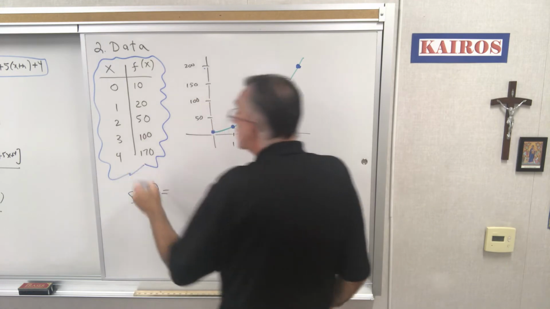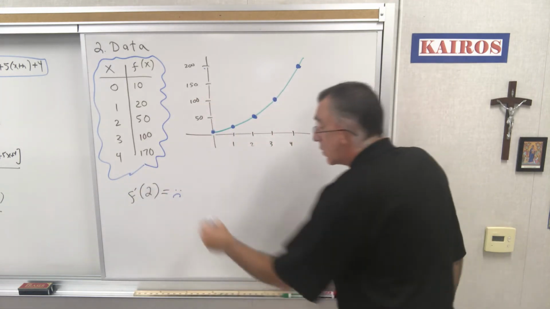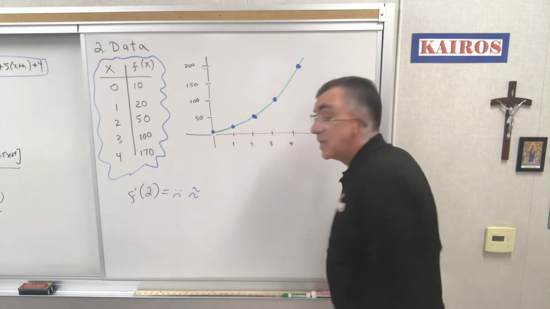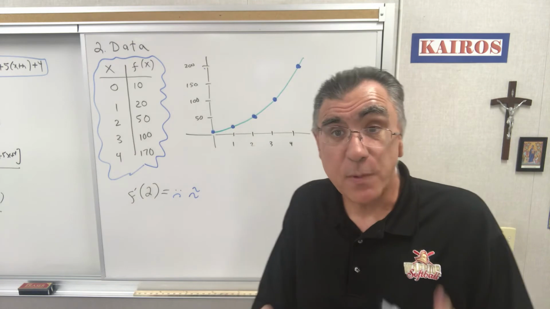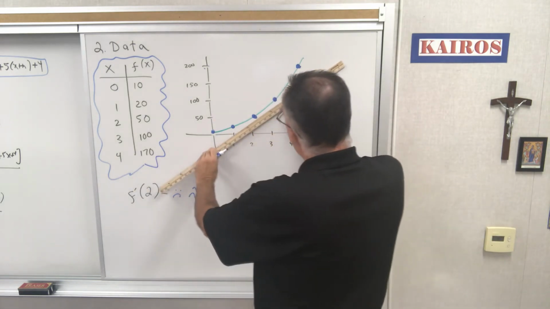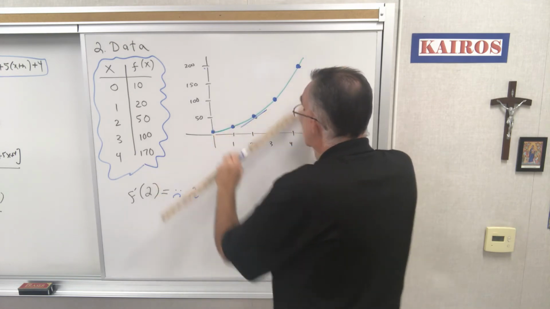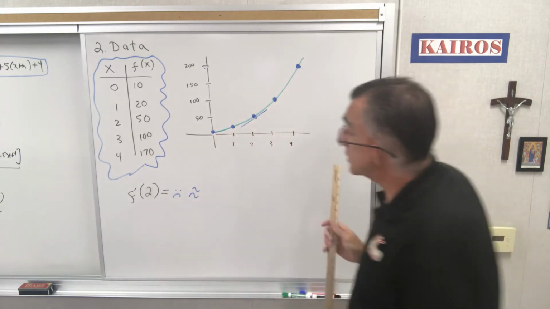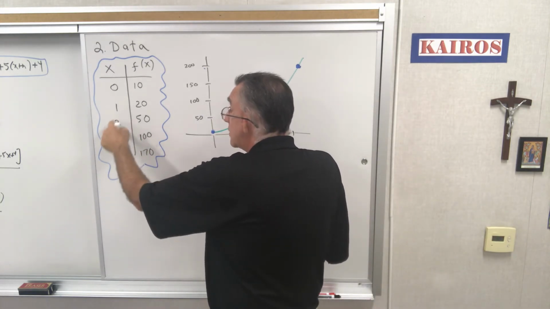What's important about data questions, sadly, is we can't actually find the derivative. We can only approximate it. What we're going to do is go back to the old-fashioned definition of slope. We're trying to find the slope here at 2. I'm supposed to take the limit as x approaches 2, but I can't do it because I don't know anything else.